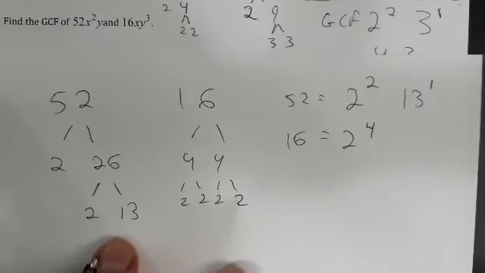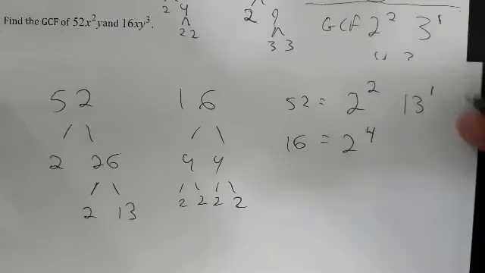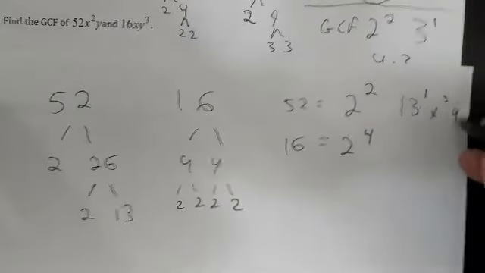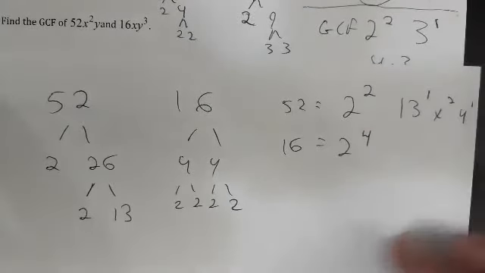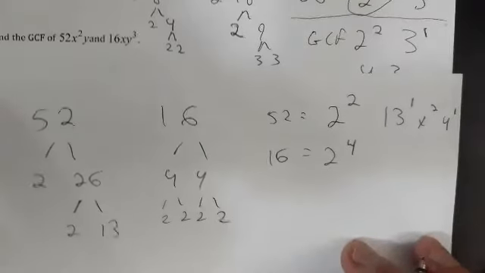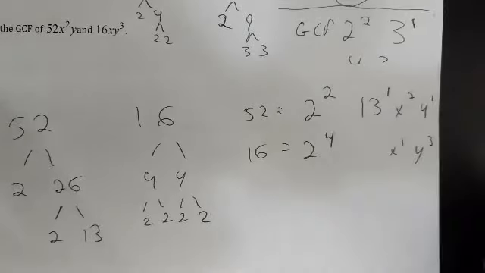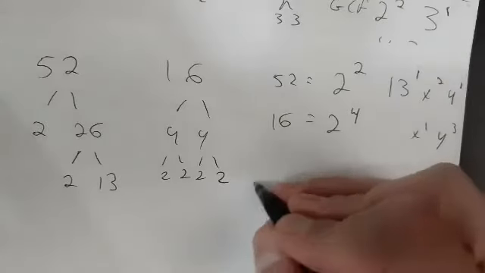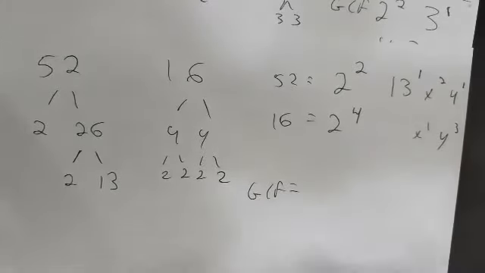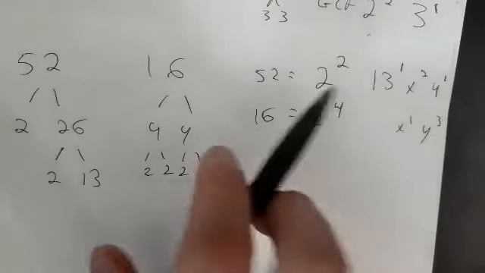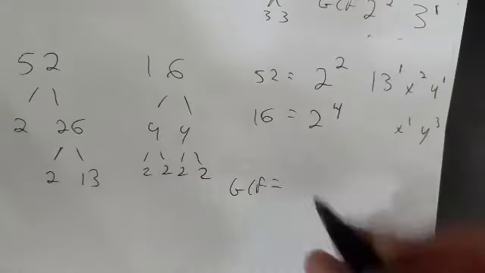And now I can write the other stuff there. So x squared y to the first is on my 52. And on my 16, I have an x to the first, y to the third. And so I'm finding my GCF exactly the same way. If I boil things down to primes, I'm taking 2 squared out of this thing.